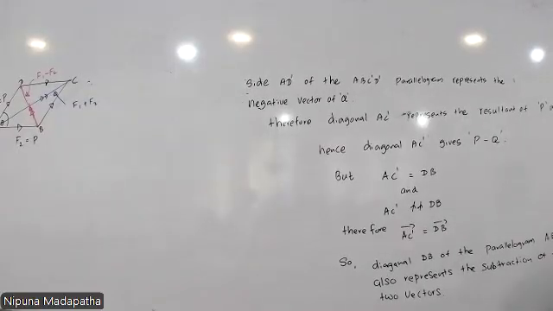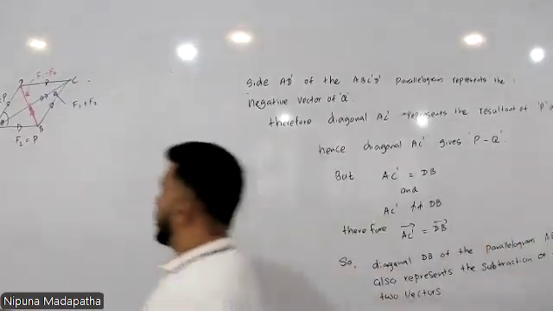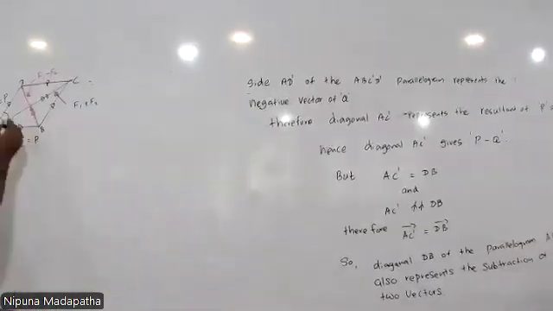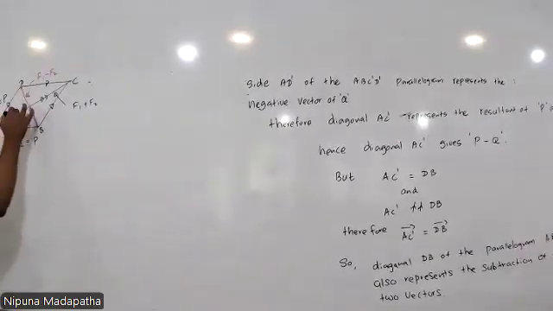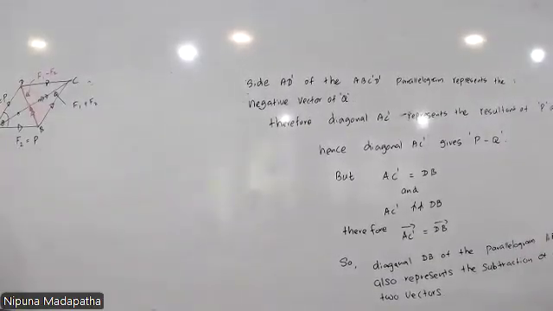All the sides are equal. What is the key feature of a rhombus? What can you say about its diagonals? They intersect perpendicularly. Then they bisect each other.